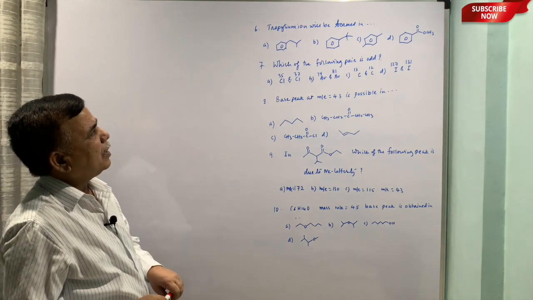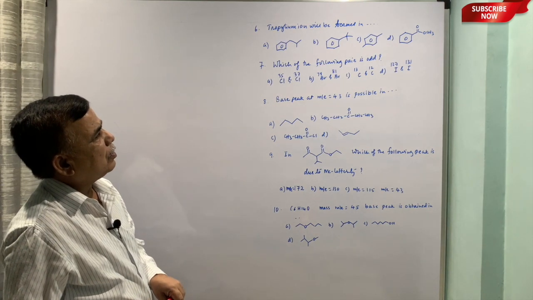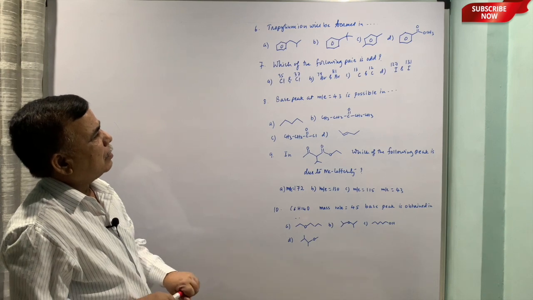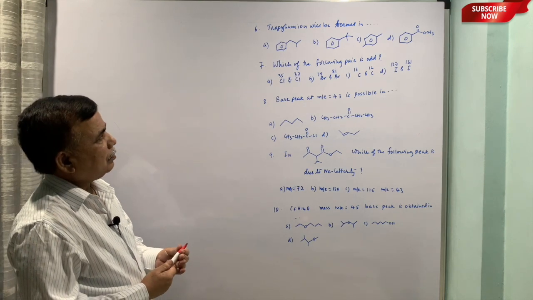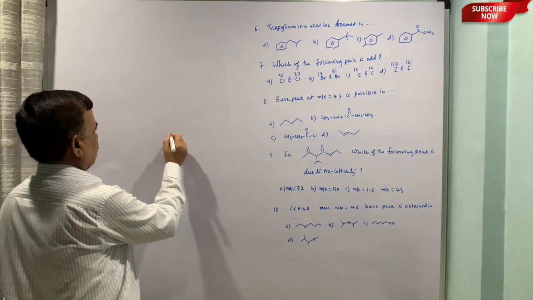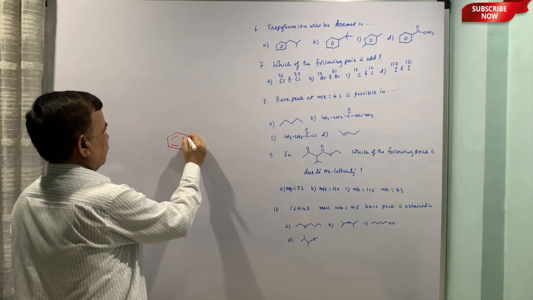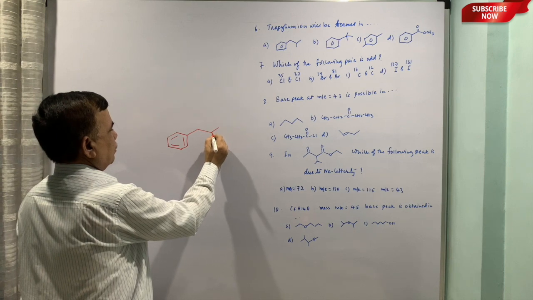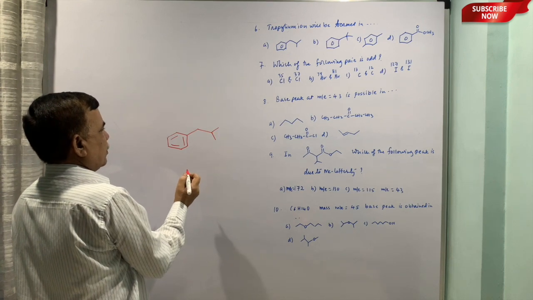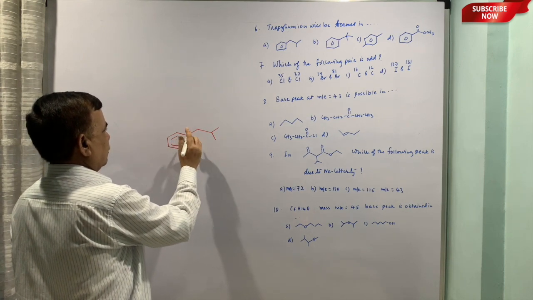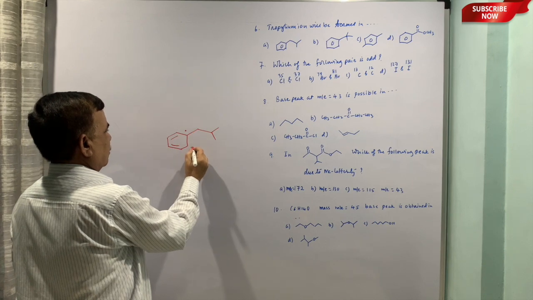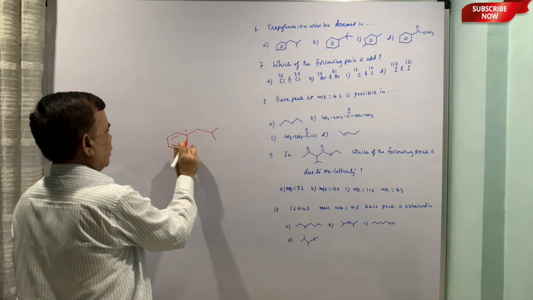Then tropylium ion will be formed in the first compound, second, third and fourth. So, first compound let me put. Okay. So, tropylium ion, let me put positive charge here.